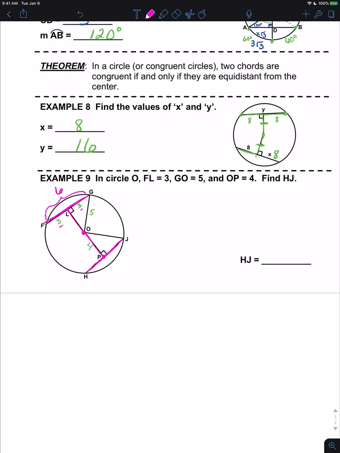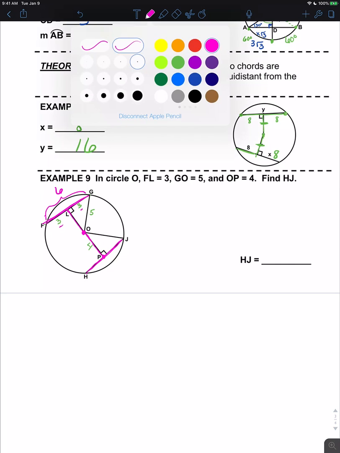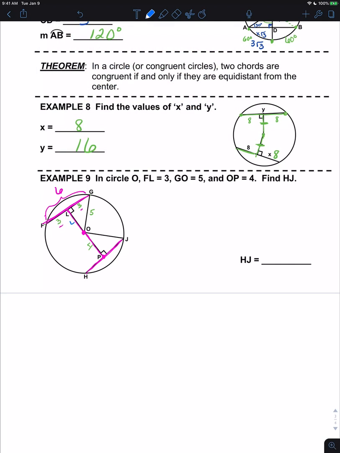Okay, so we can use a squared plus b squared is equal to c squared, or that is a perfect 3, 4, 5 triangle, so we know then that the other side, L to O, is 4, so O to P is 4, so they are the same distance from the center, and therefore H to J has to equal F to G. They have to be the same length. And if F to G was 6, then H to J is also 6.